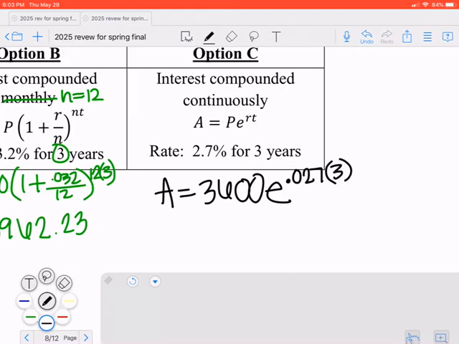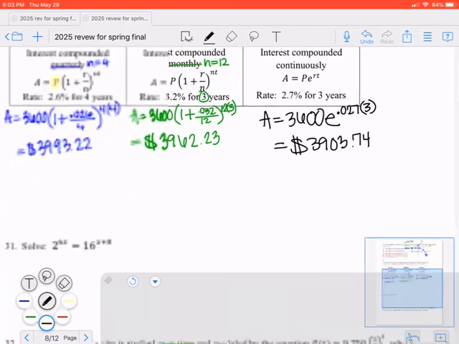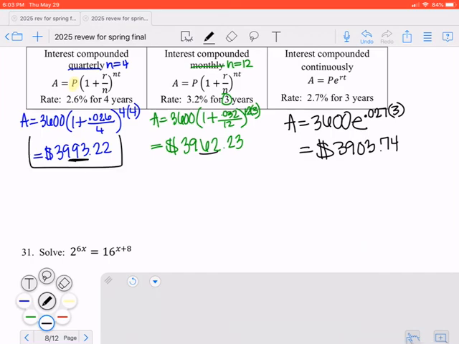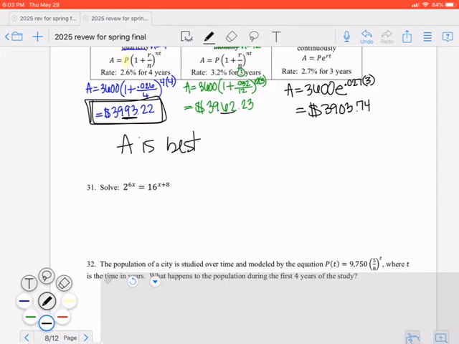And again, you got to make sure you know how to do that in whatever calculator you're going to be using when you take the final. 3,903.74. And so I'm just looking for the one that has the biggest number. So 3,903, 3,962, that's bigger. 3,993 is the biggest. A is best.